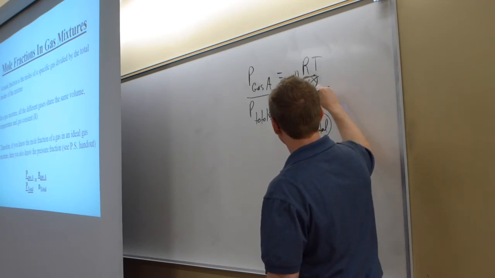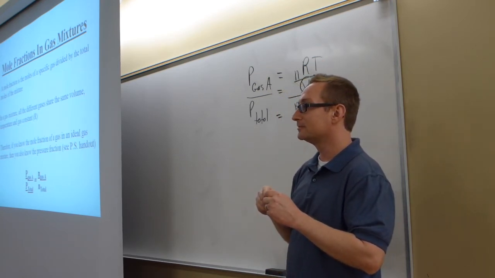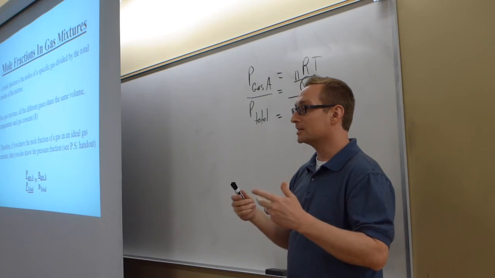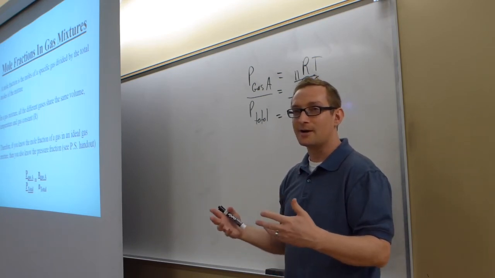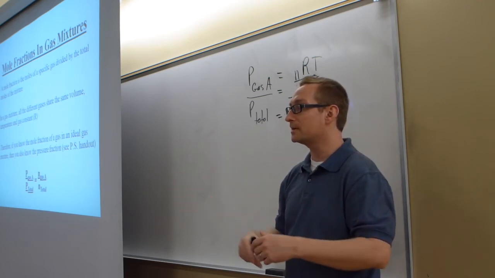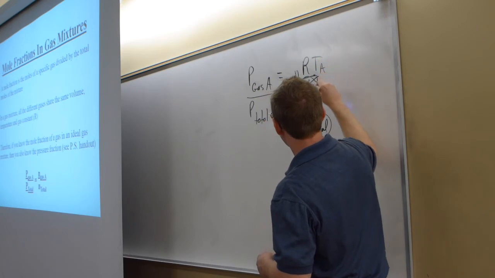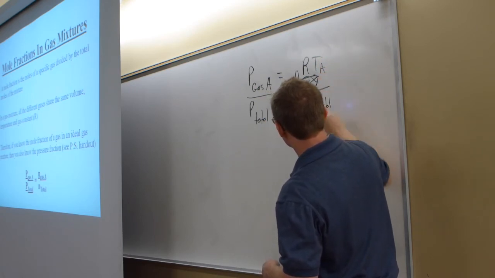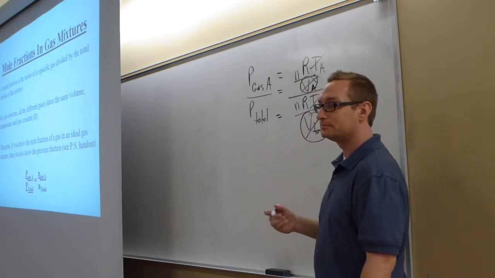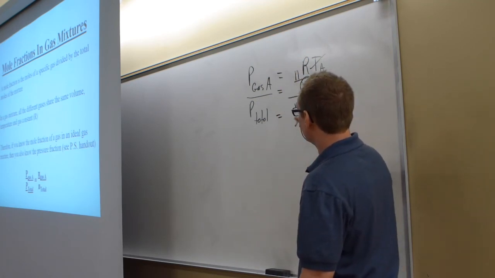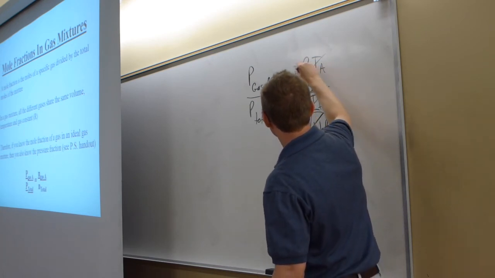If we're in the same room together, are we feeling the same temperature? Is the temperature different where I'm standing versus where you're standing? Not really, right? We have a uniform temperature in the room. For that same reason, we can say that the temperature experienced by gas A versus the temperature of the total mixture is also the same, and those cancel each other out. The constant R is the same always, no matter what, so that also cancels.